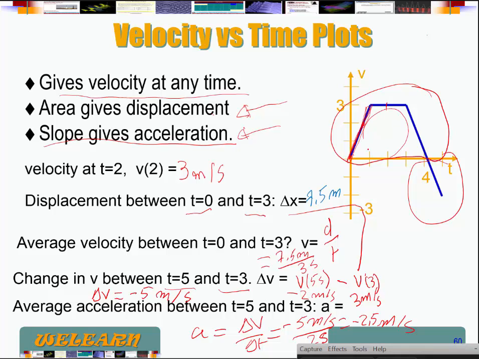Displacement, we get it as the area under the curve, as was mentioned earlier. For example, if we go to another part and are asked to find the displacement between, let's say, 4.2 seconds and 5 seconds, that will be the area of this triangle here.